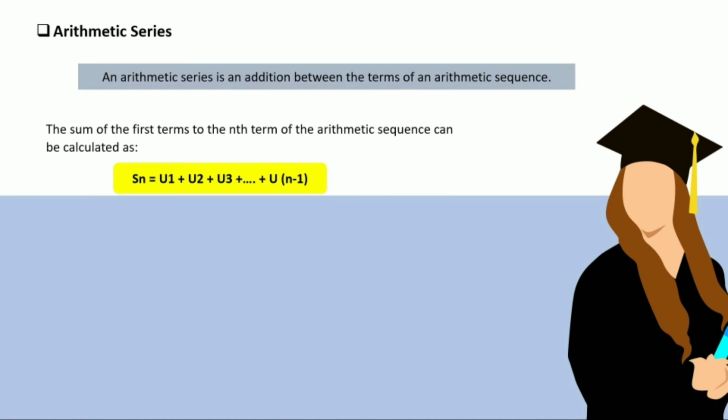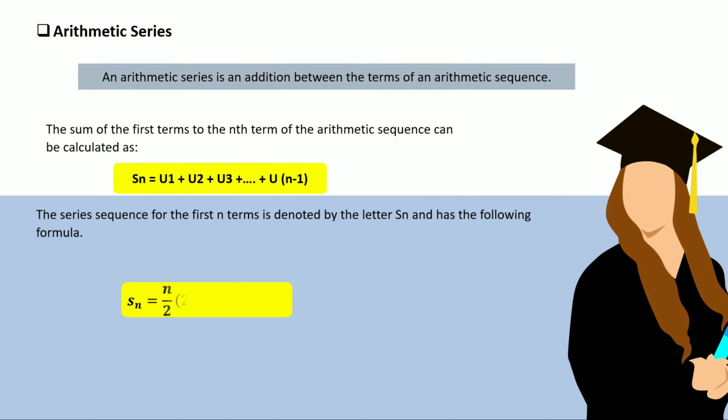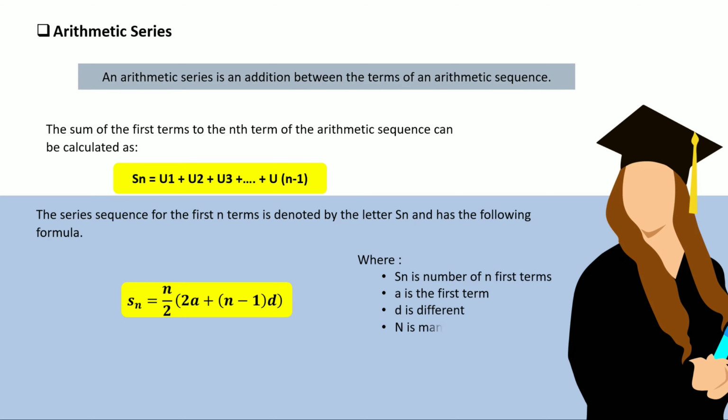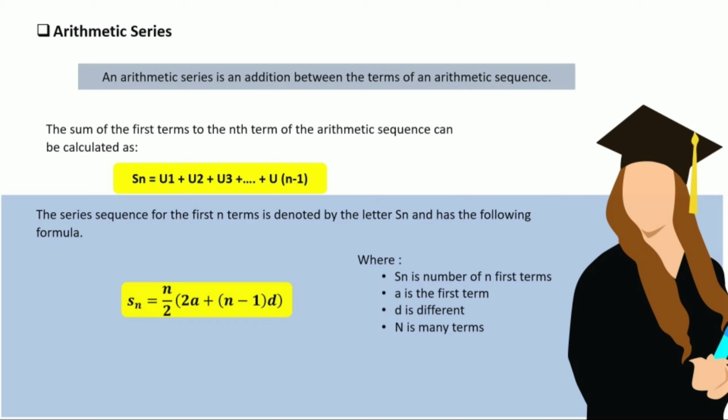The sum of the first n terms is denoted by the letter Sn and has the following formula: Sn equals n divided by 2 multiplied by 2a plus n minus 1 multiplied by d, where Sn is the sum of the first n terms, a is the first term, d is the common difference, and n is the number of terms.